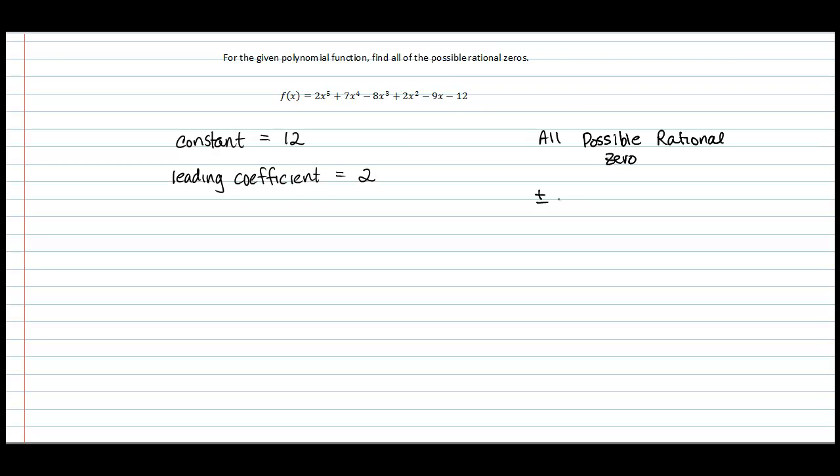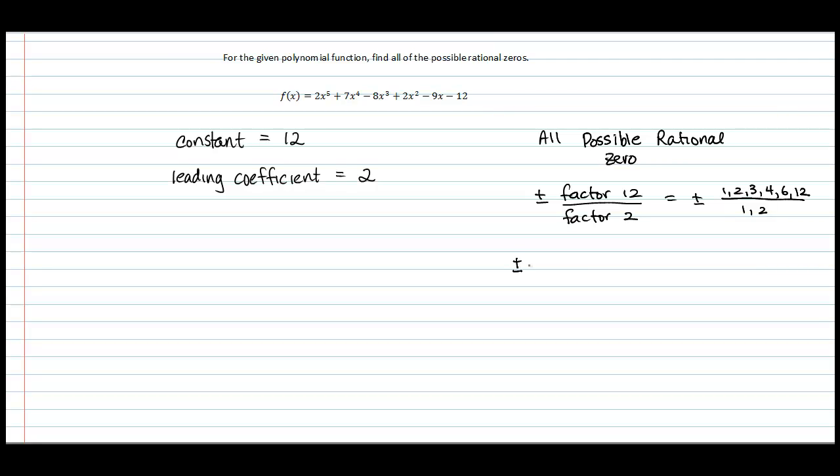So all possible rational zeros would come from the plus or minus factors of 12 over the factors of 2. The factors of 12 are 1, 2, 3, 4, 6, and 12. And the factors of 2 are 1 and 2.